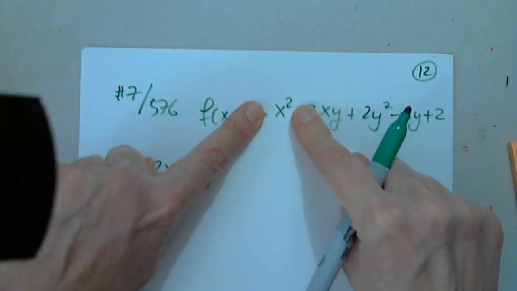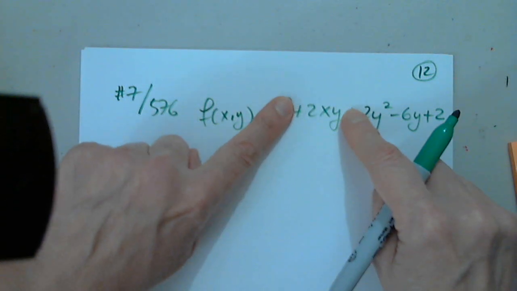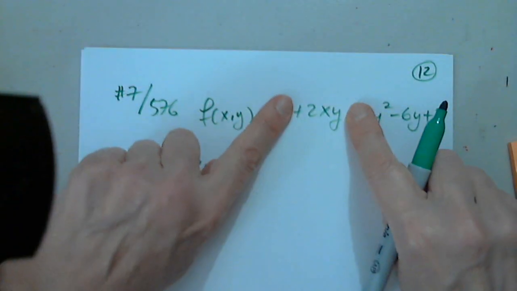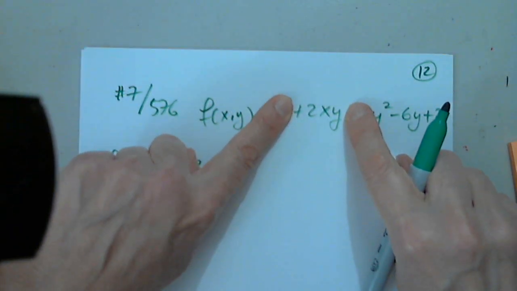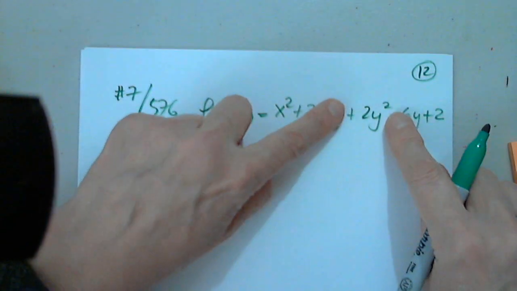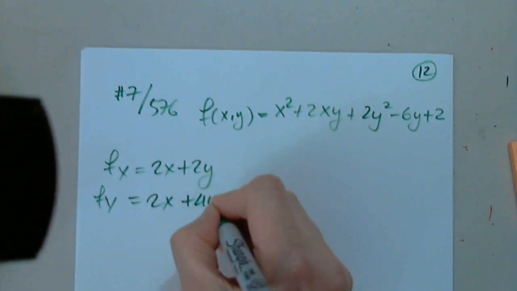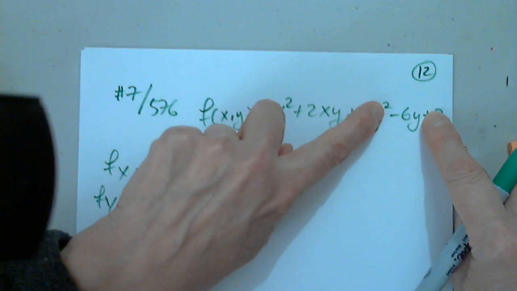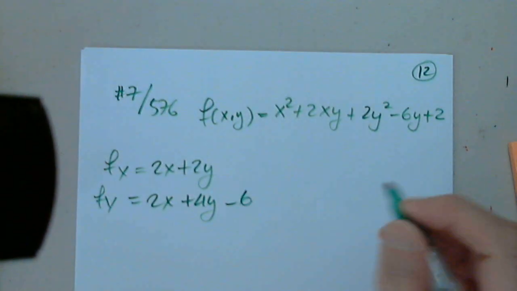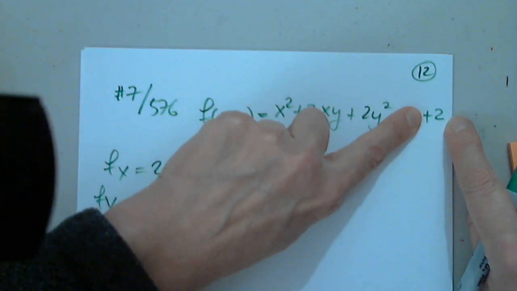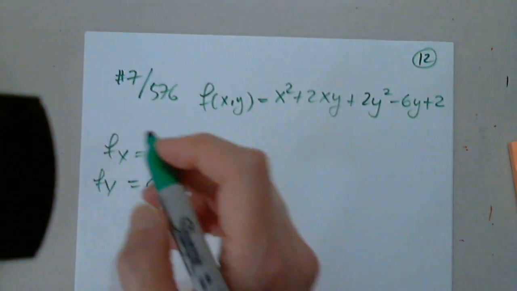This with respect to y: 0. This with respect to y: 2y becomes 2x... 2x. This with respect to y: 4y. This with respect to y: minus 6. This with respect to y: 0. Perfect.